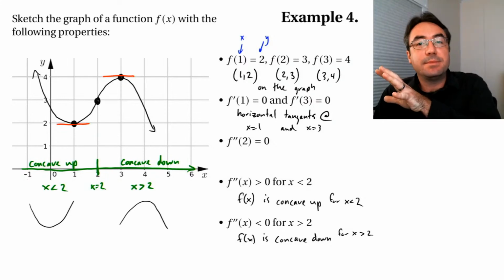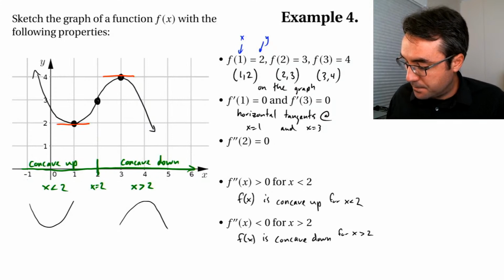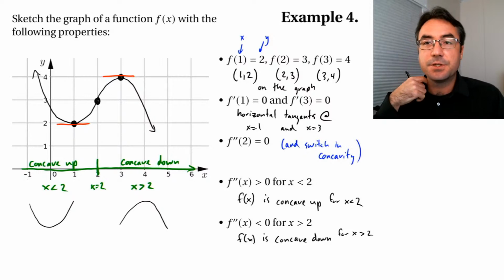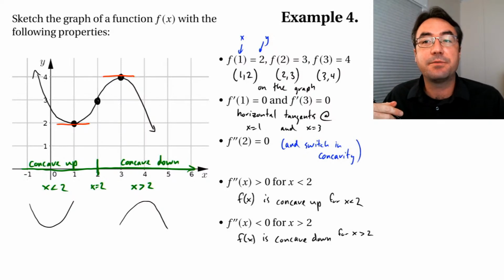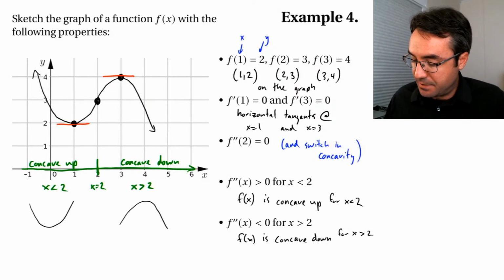To the right, it's concave down. And so the third property here that we haven't talked about really is that we're seeing a switch in concavity at x equals 2. So if f double prime of 2 is equal to 0, and we have a switch in concavity there, this means we have an inflection point.